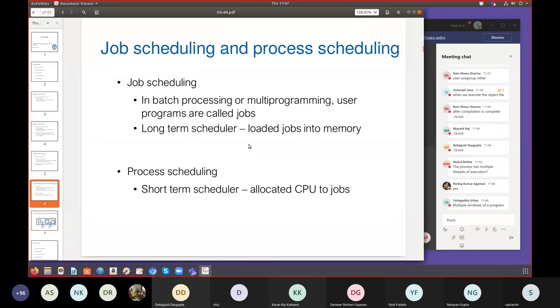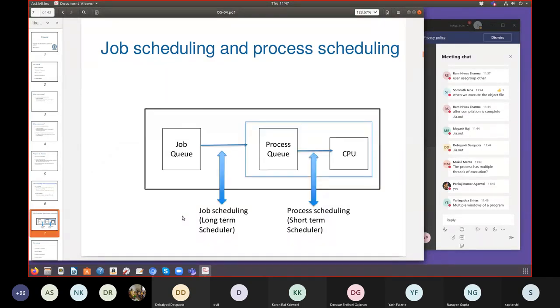There were 2 types of schedulers, a long-term scheduler or even today there may be some equivalent programs. So long-term scheduler loaded jobs into memory. Whereas a short-term scheduler actually allocated the CPU to the jobs. Let me explain by this picture. So say that there are a lot of jobs waiting in a job queue.